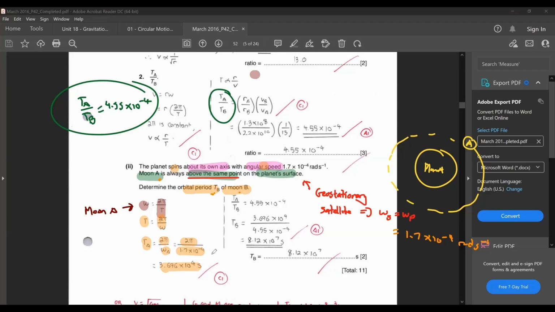All right. And then given that I know the ratio of TA to TB being 4.55 times 10 power minus 4, I just sub in the value for TA. I'll be able to find out the value for TB. It will be 3.696 times 10 power 4 divided by 4.55 times 10 power minus 4, eventually giving you 8.12 times 10 power 7 seconds.